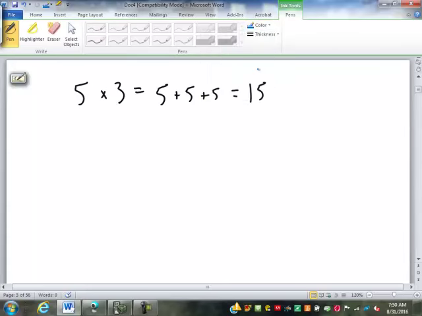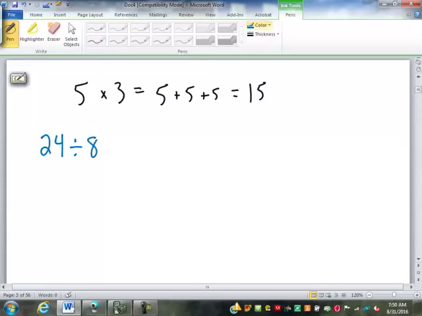Now, I made a big deal yesterday about multiplication and division following the same rules. One's going forward, one's going in reverse. So multiplication is repeated addition. It makes sense then that division is repeated subtraction.